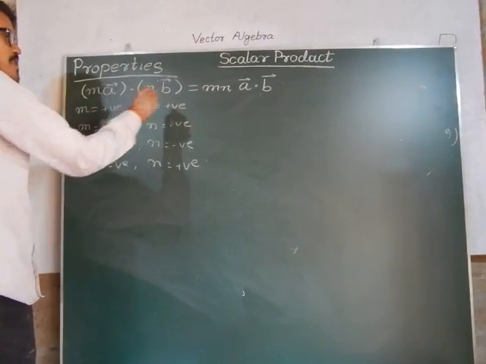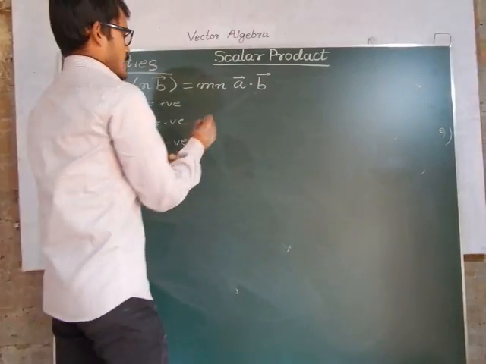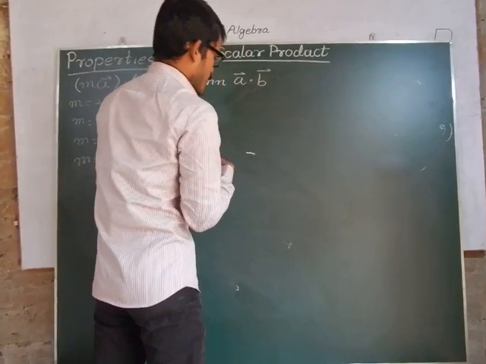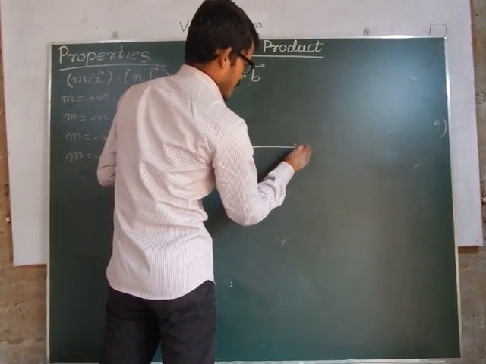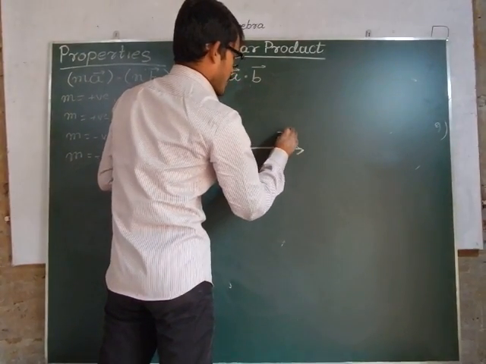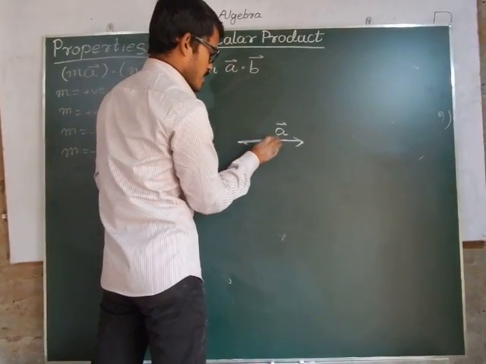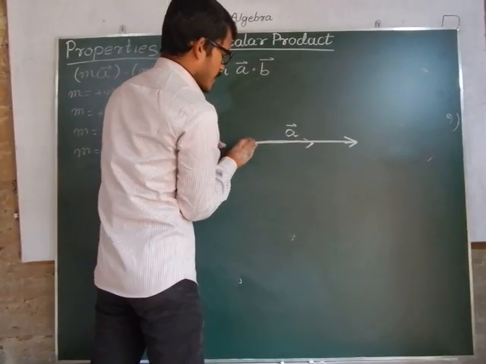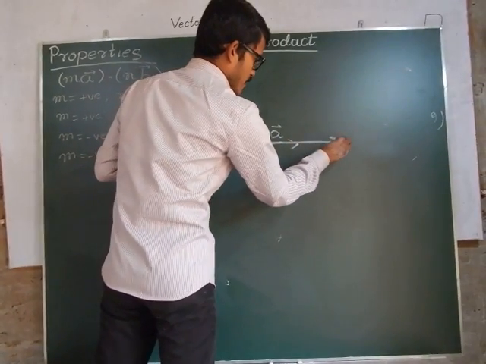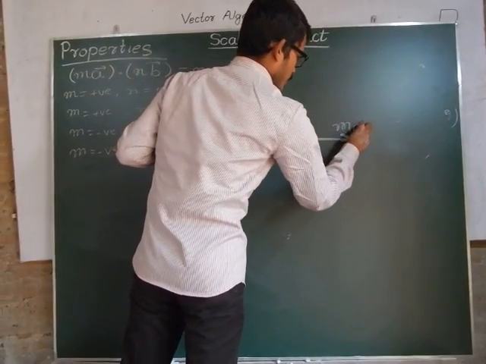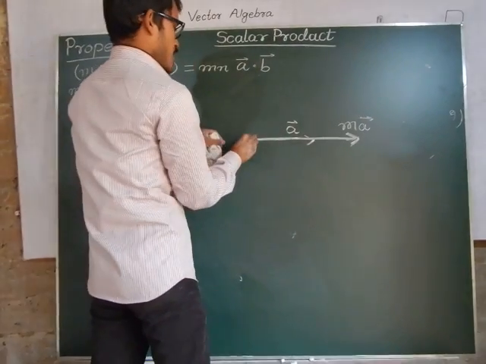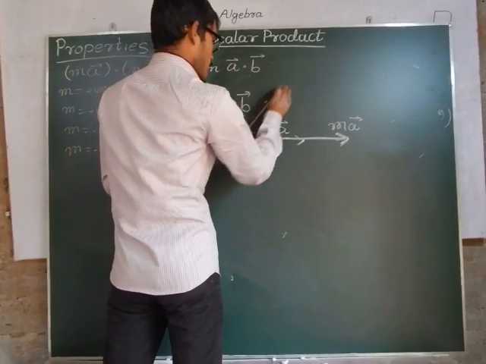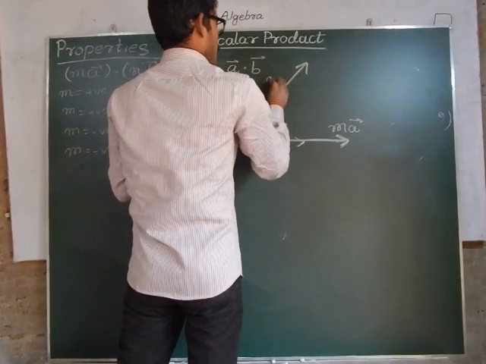First take m positive, n positive. If this is vector A, then ma vector is also in the direction of this, because m is positive. So the direction of ma vector will be the same as that of A, only the length changes. If this is B and n is also positive, then nb is also in the same direction, having another length.